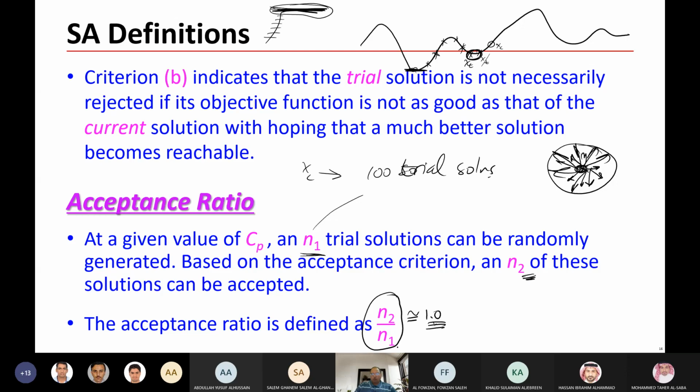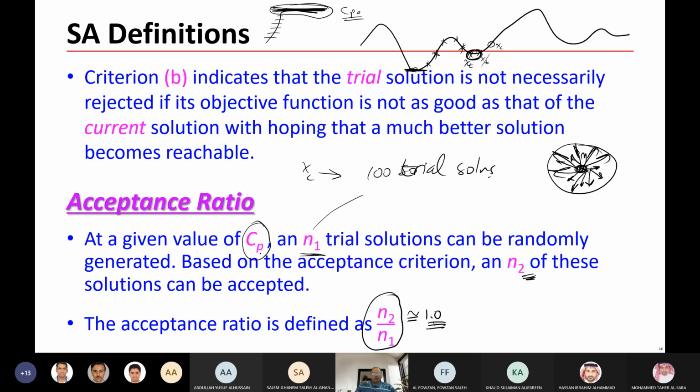So one of the key parameters here is the CB. What is the CB0, from where we can start cooling?